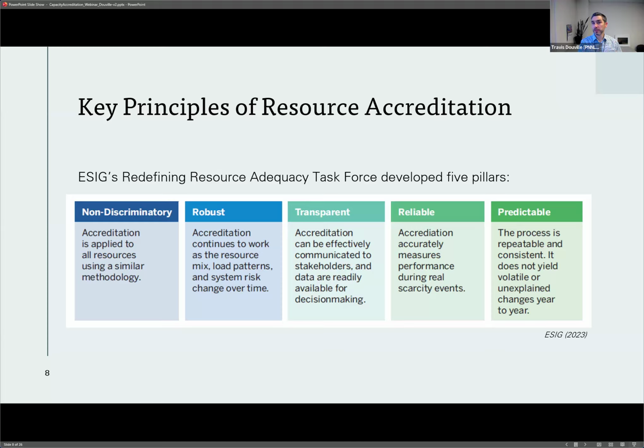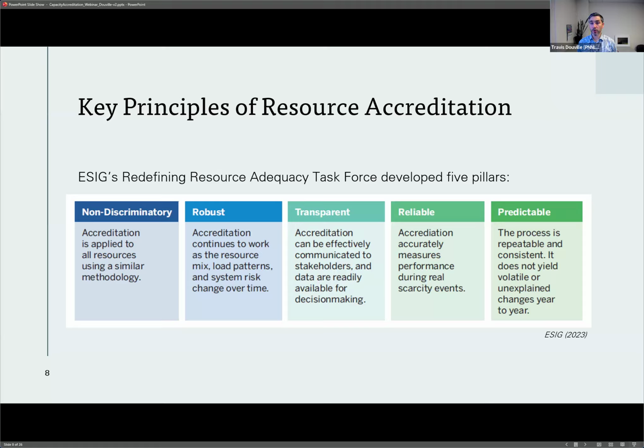So if there are public policy objectives that are of interest to a given system, that should be part of the capacity expansion solution, and there should be constraints in place accordingly to guide the solution, and it should be assessed against those objectives and those constraints by the planning community. But the accreditation step is not the place to put those in and favor one technology over another. It really should be unbiased in that way, non-discriminatory.